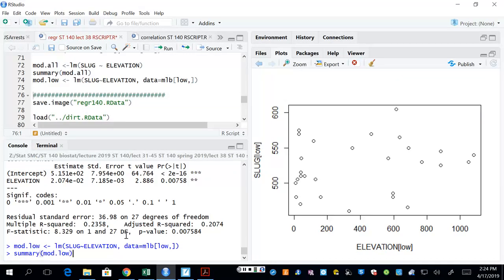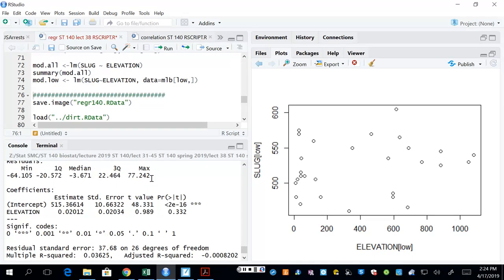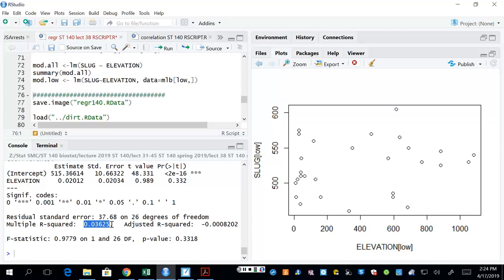The model just using the low ones gives this estimate of 0.02 as the slope. The p-value is 0.33, not significant. R squared is only about 4%, 0.04, much smaller, right?